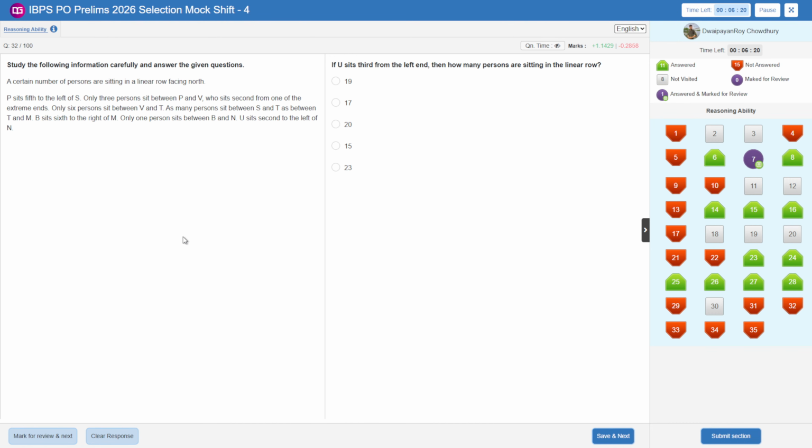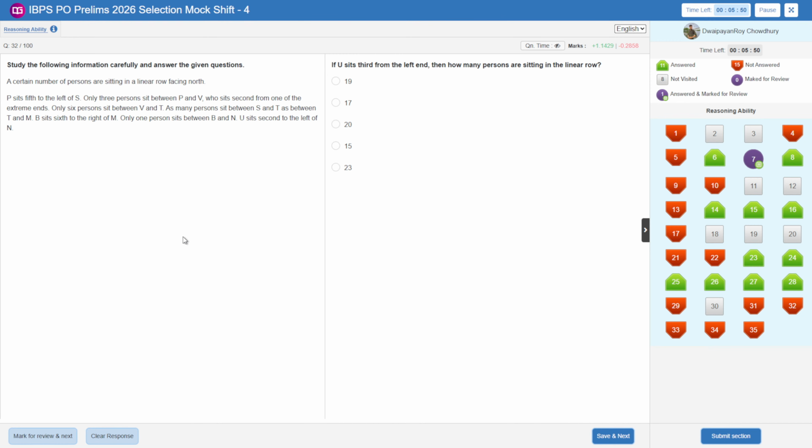B sits sixth to the right of M: 1, 2, 3, 4, 5, B. Only 1% between B and N. U sits second to the left of N. M at a corner or what? If U sits third from one of the left ends, there is a gap here: 1, 2, 3.